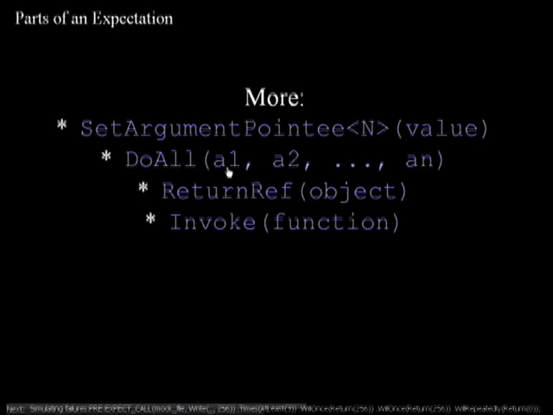Instead of just doing one single action, you do n actions in sequence: you do A1 followed by A2 and so on. And instead of doing each one of them for each invocation, you do all of them in a single invocation of the method. Also, you can return a reference to an object, or you can invoke any stub function. That means that the action can have very complex logic if you want.